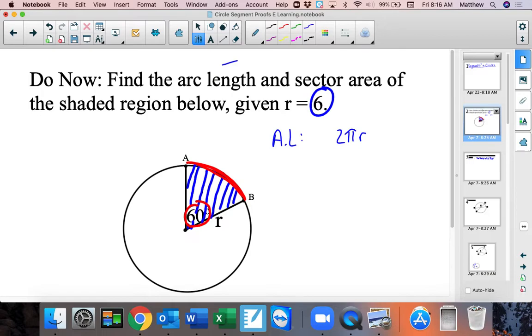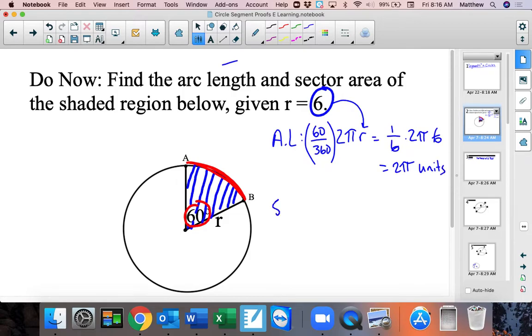But I'm just going part way around, that 60 degrees out of 360. And by the way, I know r is 6. That's 60 over 360 times 2 times pi times 6, and that gives me 2 pi. It doesn't give me units, so I can just say units.